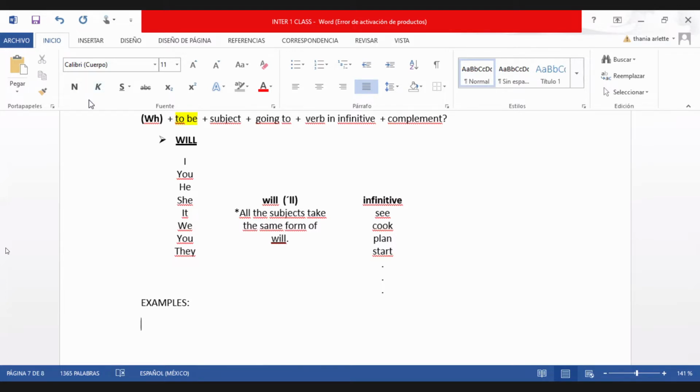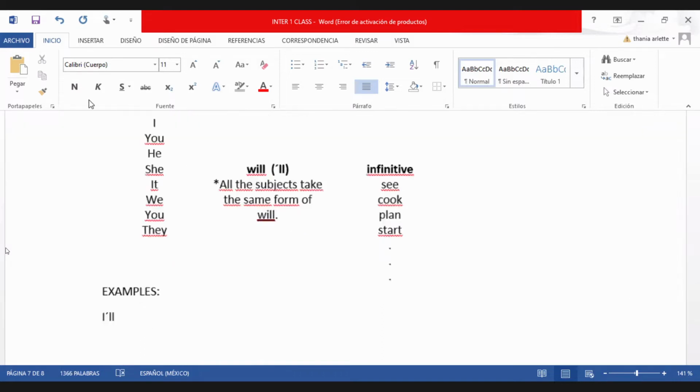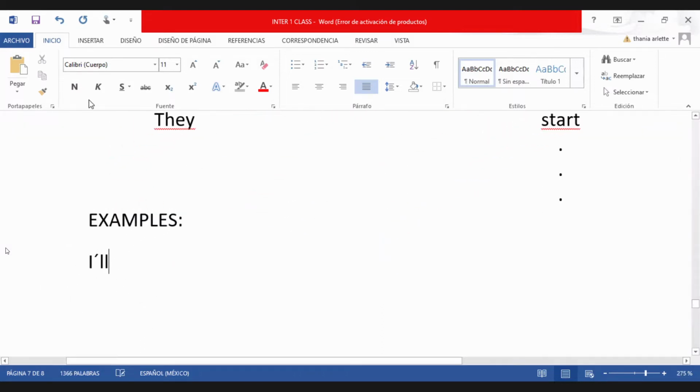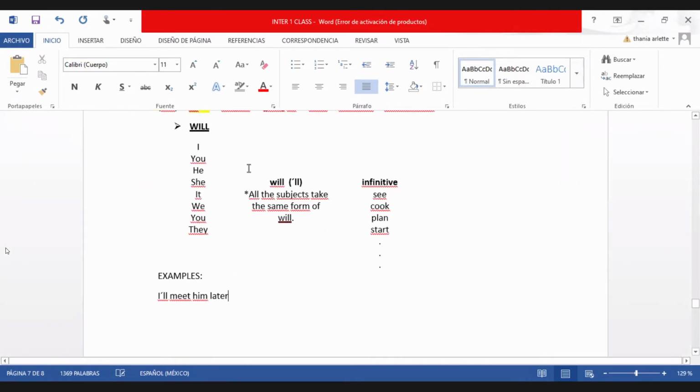Okay, so we can say I with the contraction, because it is more common to use the contraction. I'll, then the verb in infinitive. I'll meet him later. Is the sentence complete, guys? Yes or no?